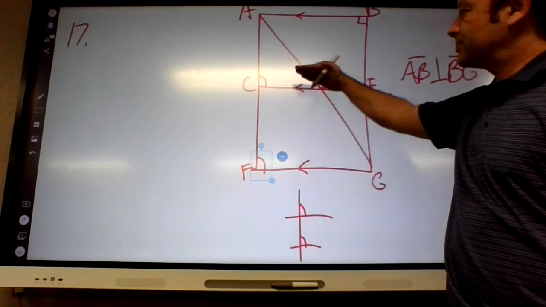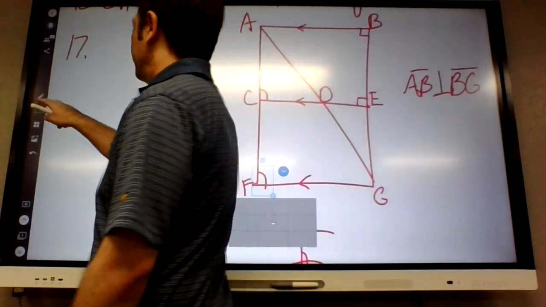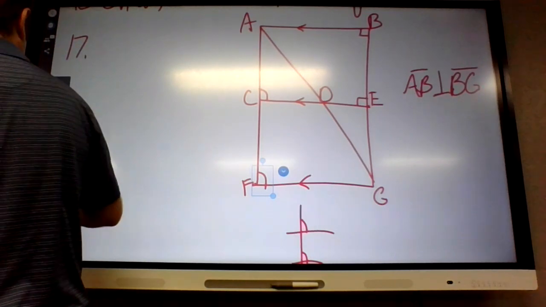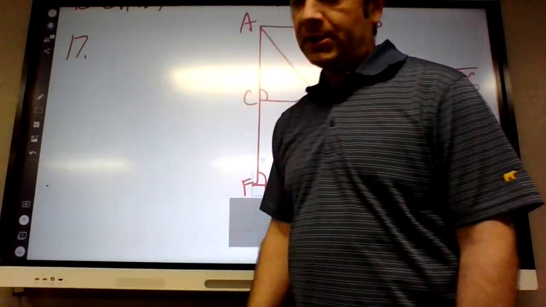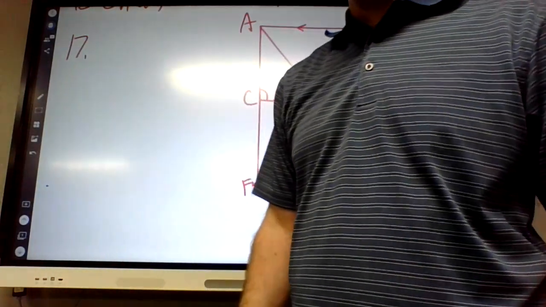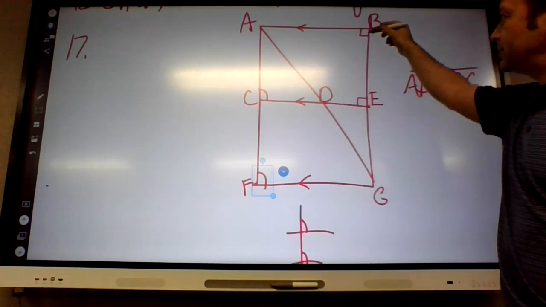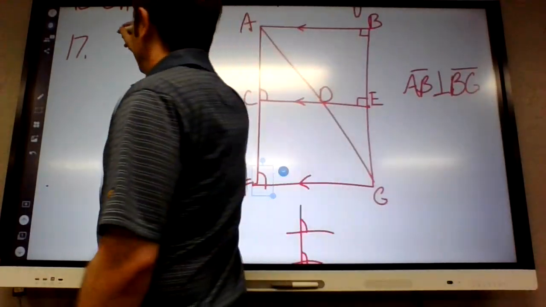So really all three of those lines are parallel, as you would expect. First question is 17: what is the measurement of angle ABE? 90, because they told us it was perpendicular, so that's 90 degrees.